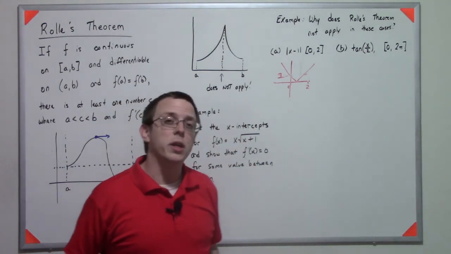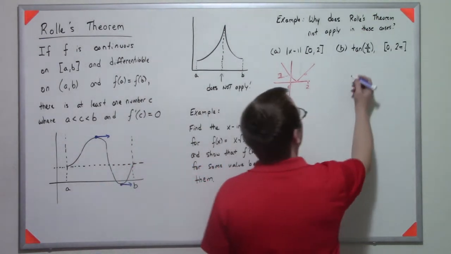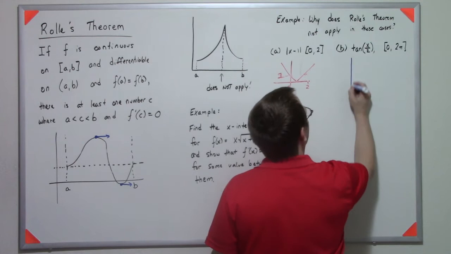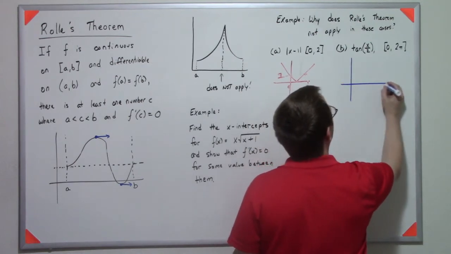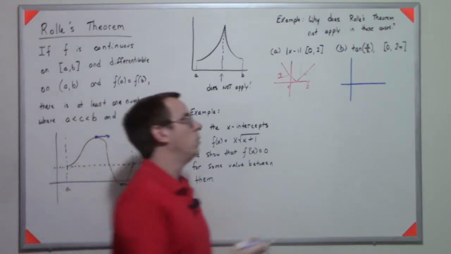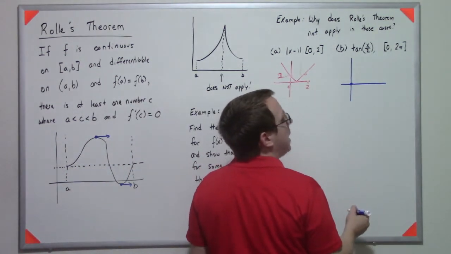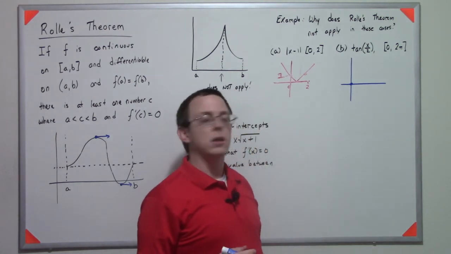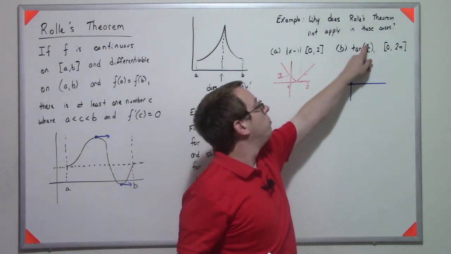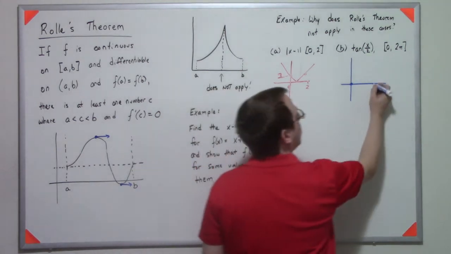Similarly, when we take a look at tangent of x over 2 from 0 to 2 pi, well, tangent of 0 is 0, and tangent of 2 pi over 2, so tangent of pi, is also 0.